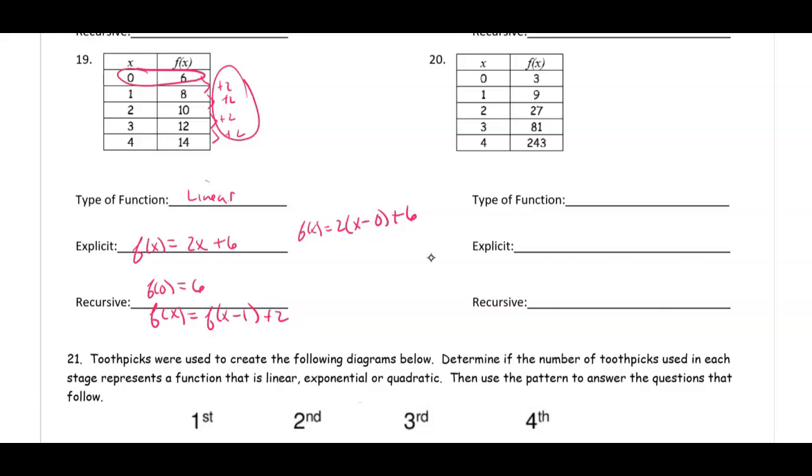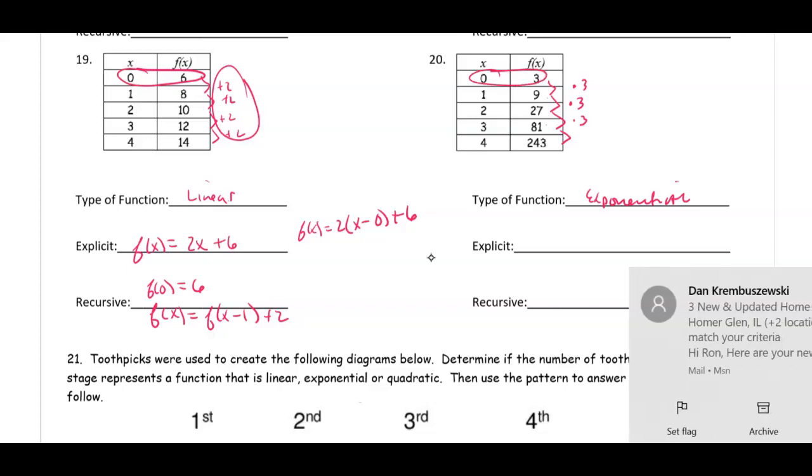All right. The next one, you should recognize what's happening here. 3, 9, 27, 81, 243. You are multiplying by 3 each time, which means it's exponential. Your explicit, again, you're given the value of y when x is 0.